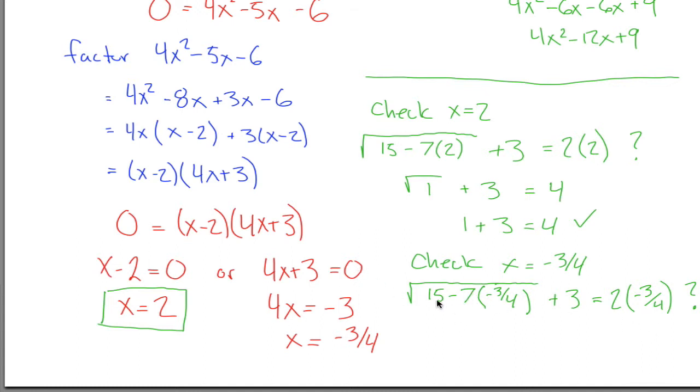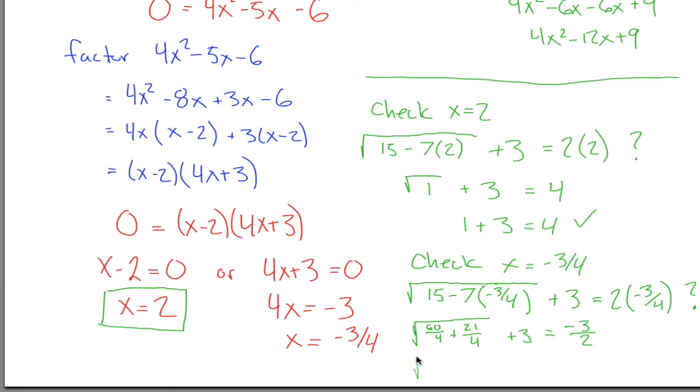What's the easiest way to do this? Well, I guess we just got to do it. Negative 7 times negative 3/4 is 21/4. So I have the square root of 15, which is 60/4, plus 21/4, plus 3. And what I want to know is, is that the same as negative 6/4, which I can reduce to negative 3/2?